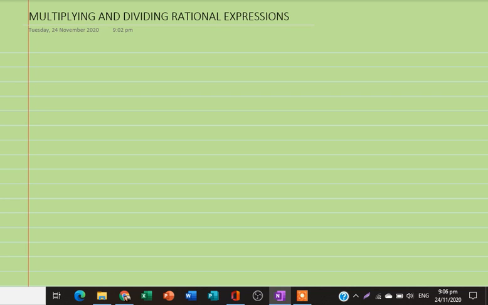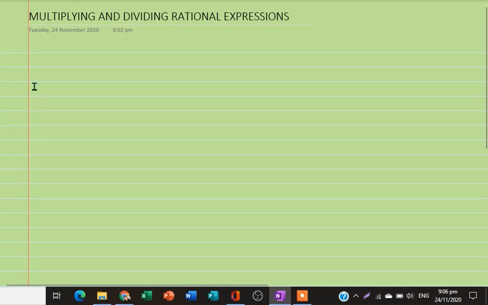So that is on page 66 of your textbook, lesson 2.3, which is multiplying and dividing rational expressions. And the objective of our lesson is for you to be able to multiply and divide rational expressions.